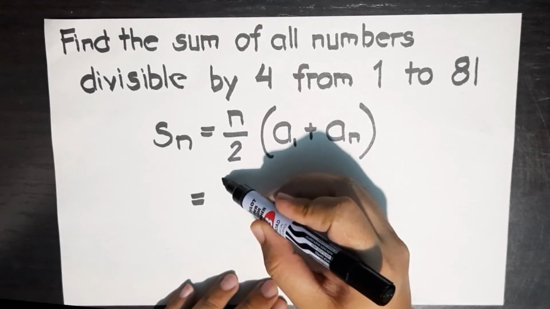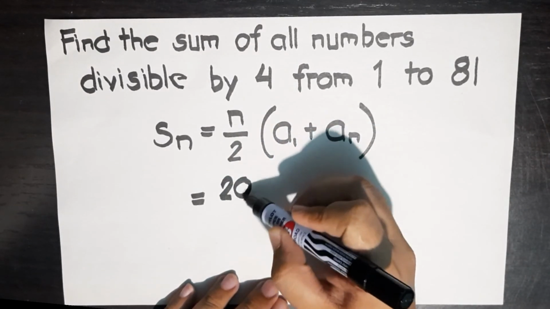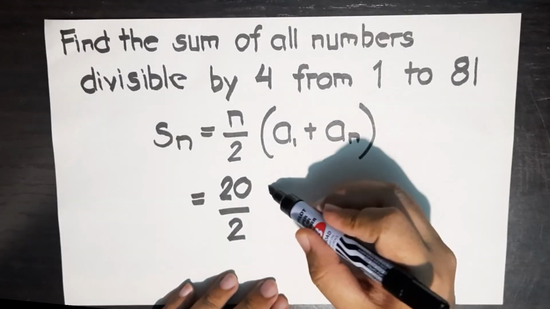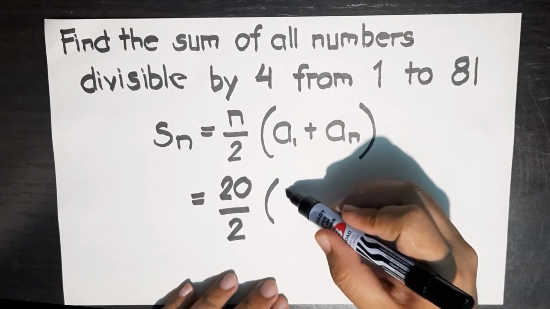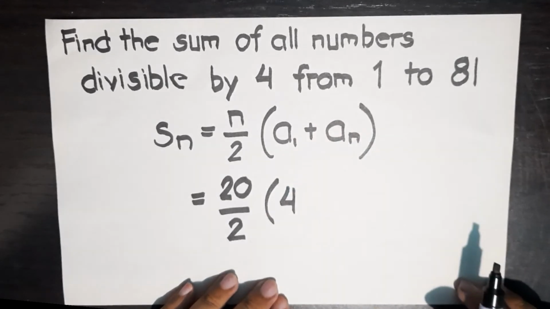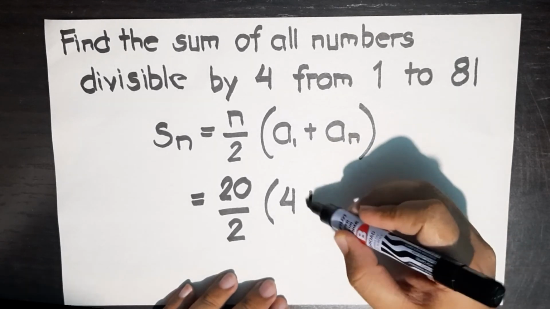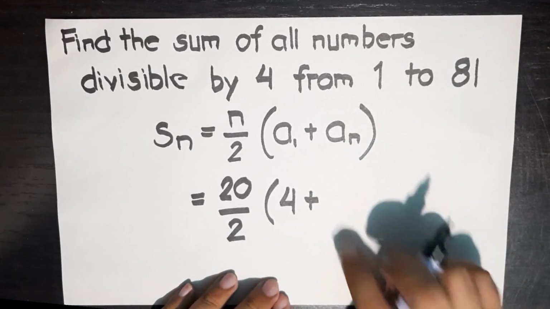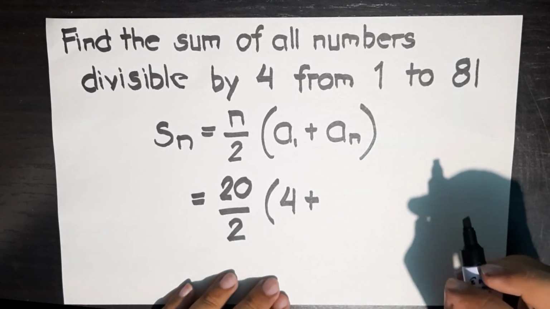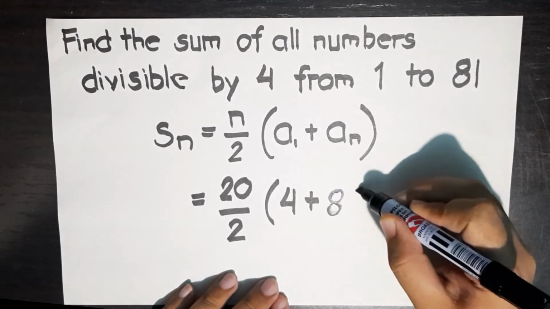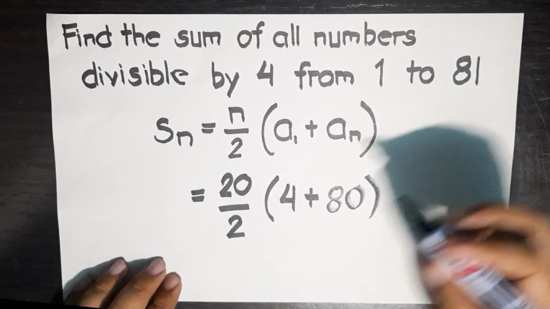So our n here is 20 divided by 2. Then, first term is 4. Again, it's not 1 because it's not divisible by 4. Obviously not 2, and probably not 3. So it's 4. Plus, last term, not 81 because it is not divisible by 4, but we can use 80, which is our last term.